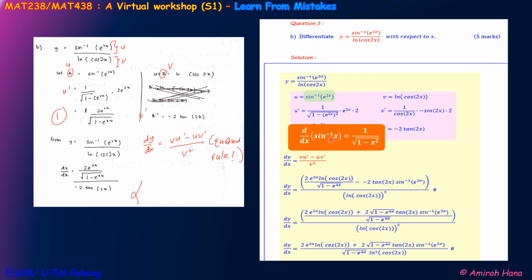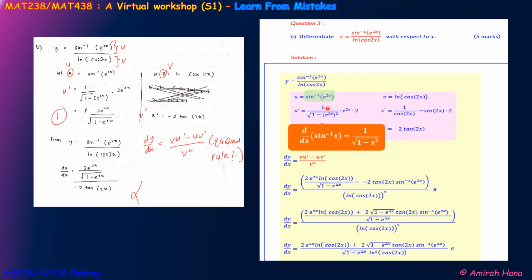Okay, tapi x kita sekarang adalah e to the power of 2x. So kita replace sahajalah bahagian yang x ini dengan e to the power of 2x. Okay, we still have 1 over square root of 1 minus, and then x ni we replace by e to the power of 2x and then ada squared. Okay, so must put bracket to avoid error.